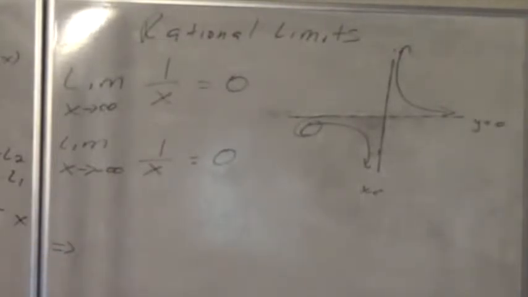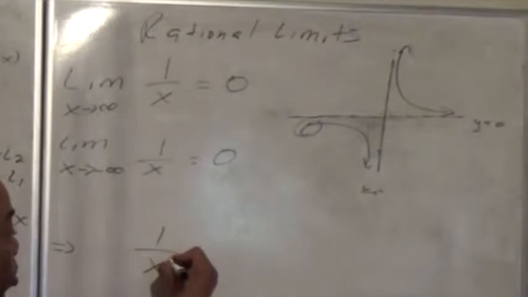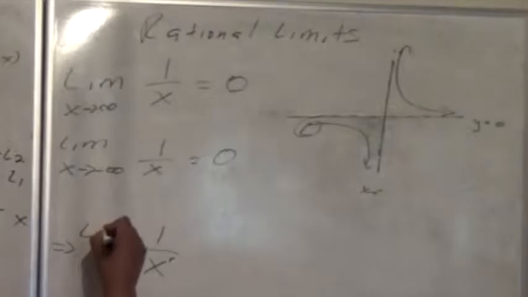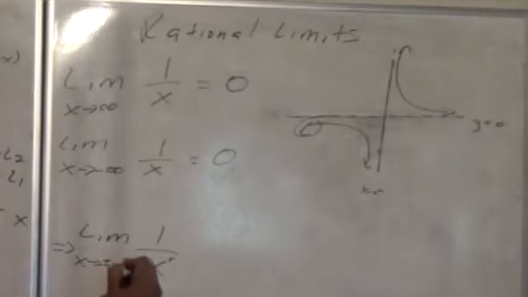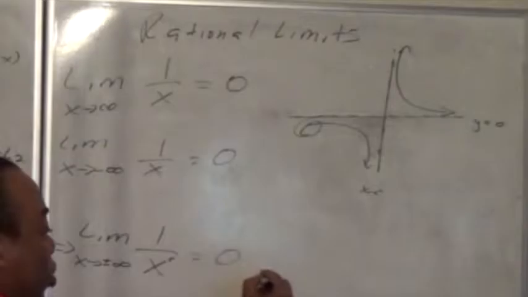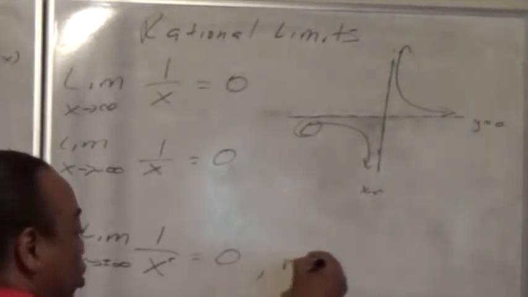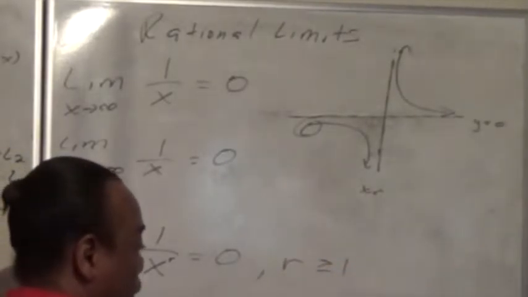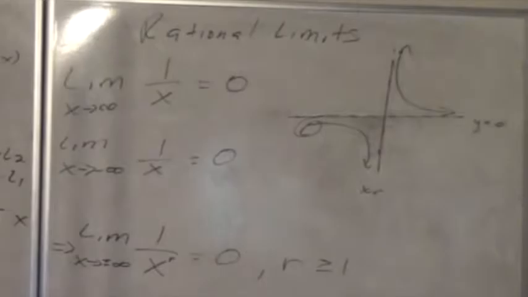This implies that if we have any function of 1 over x to the power r, where r is 1 or greater, as you take the limit as x goes to either the left or right side, we will get 0. This is as long as r, which is the power here, is greater than or equal to 1. So any value greater than or equal to 1 will give you the same limit.